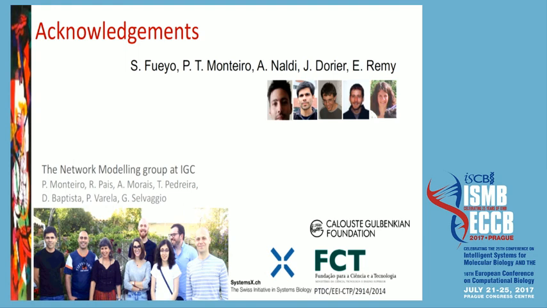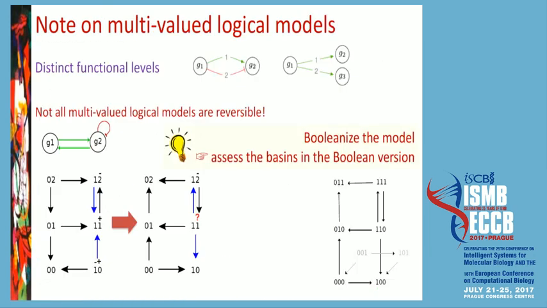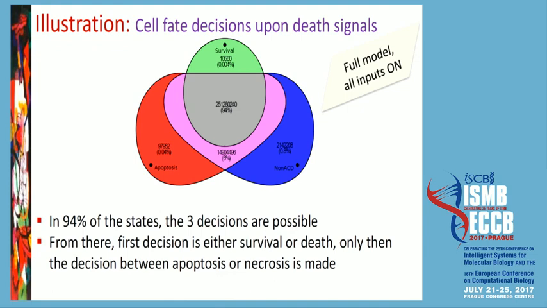Okay, and the second question was, in the intermediate areas, can you consider that as some kind of bifurcation decision, where exactly the cell makes a decision? In this region, everything is possible. In these states, there are trajectories. If I start from this region, I have a trajectory towards survival, non-apoptotic cell death, and apoptosis.